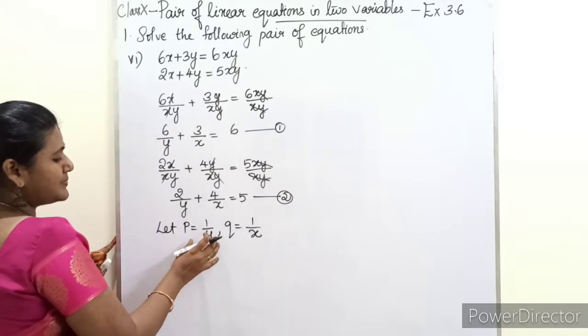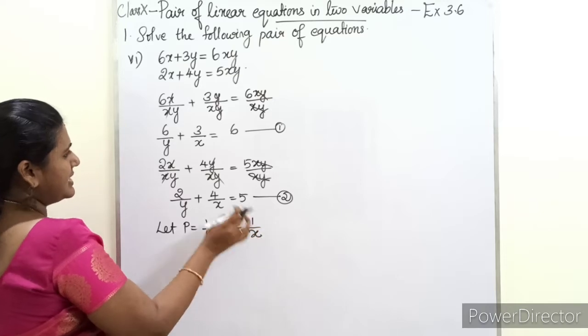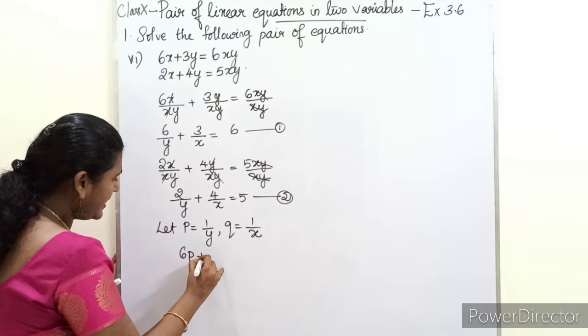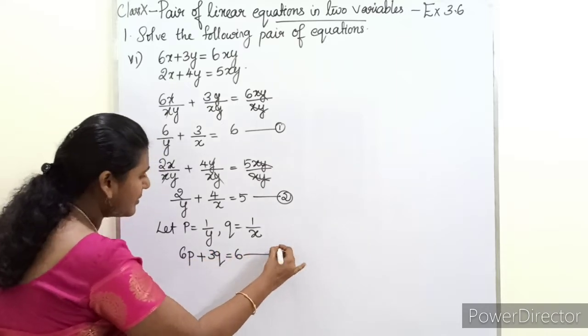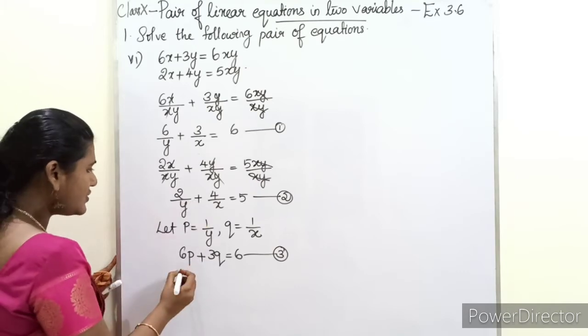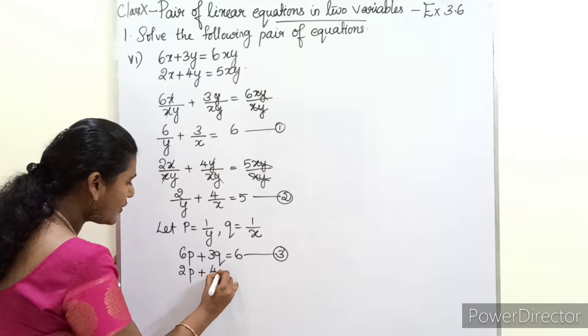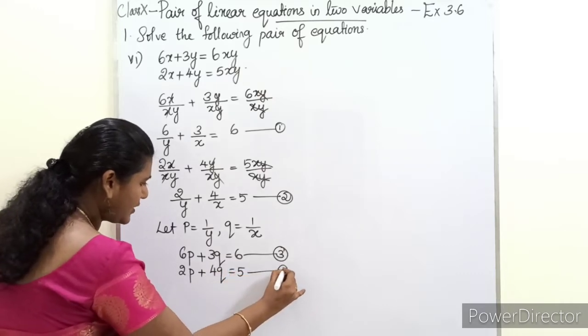So the first equation changes to 6P plus 3Q is equal to 6. This is equation number 3. And the second equation changes to 2P plus 4Q is equal to 5. So this is the fourth equation.